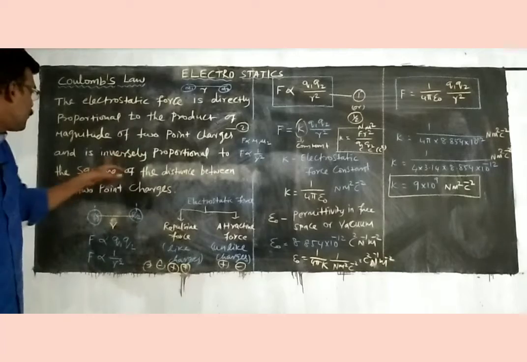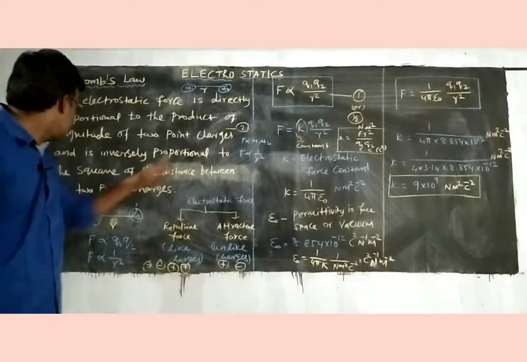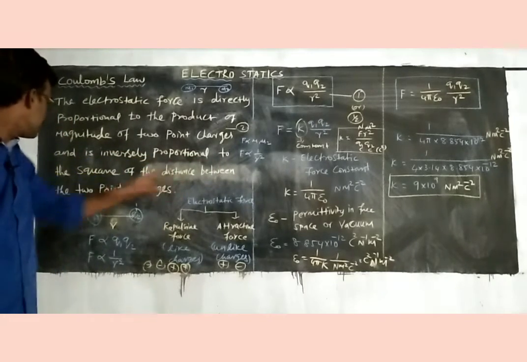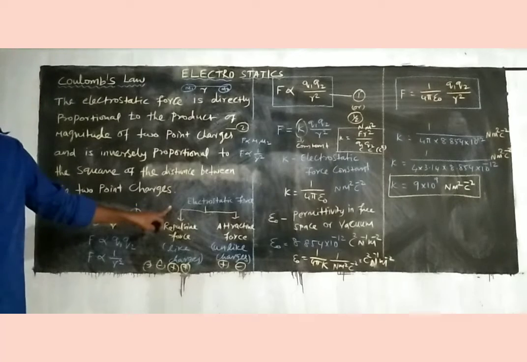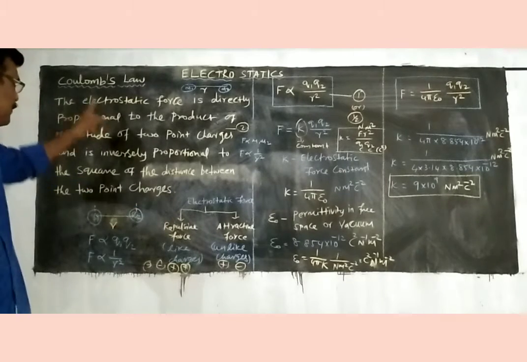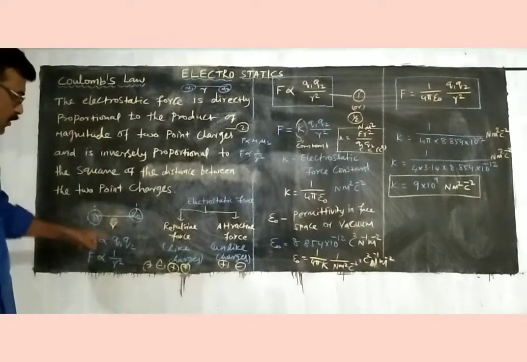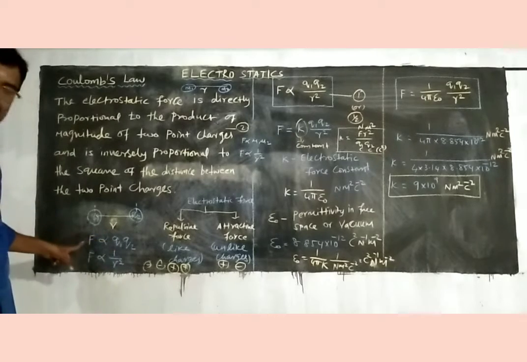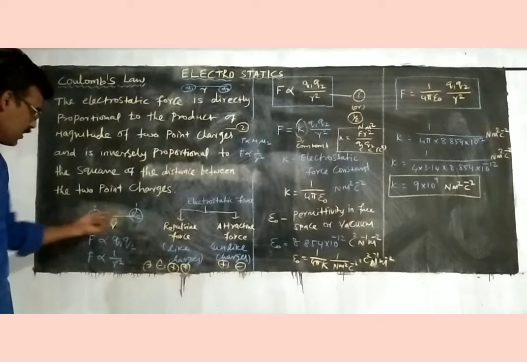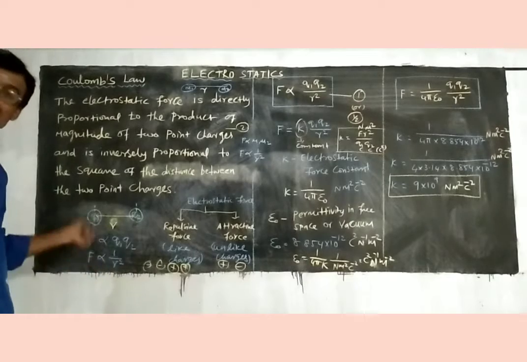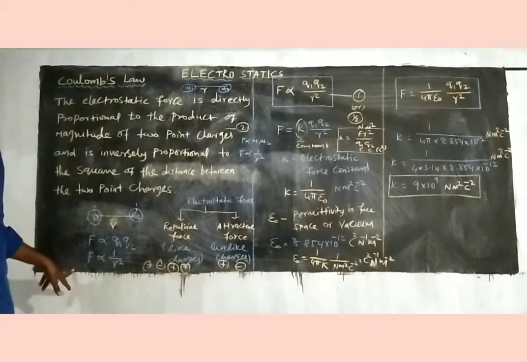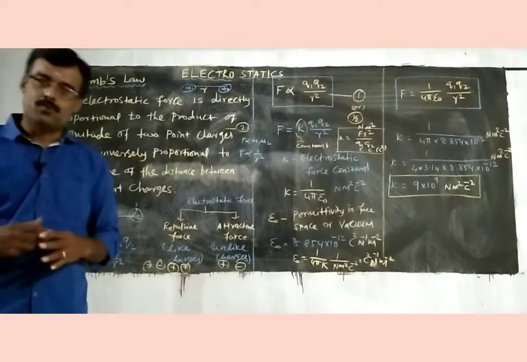The electrostatic force is inversely proportional to the square of the distance between the two point charges. So the electrostatic force is directly proportional to the product Q1 Q2, and inversely proportional to the square of the distance between the two charges. This is Coulomb's law.